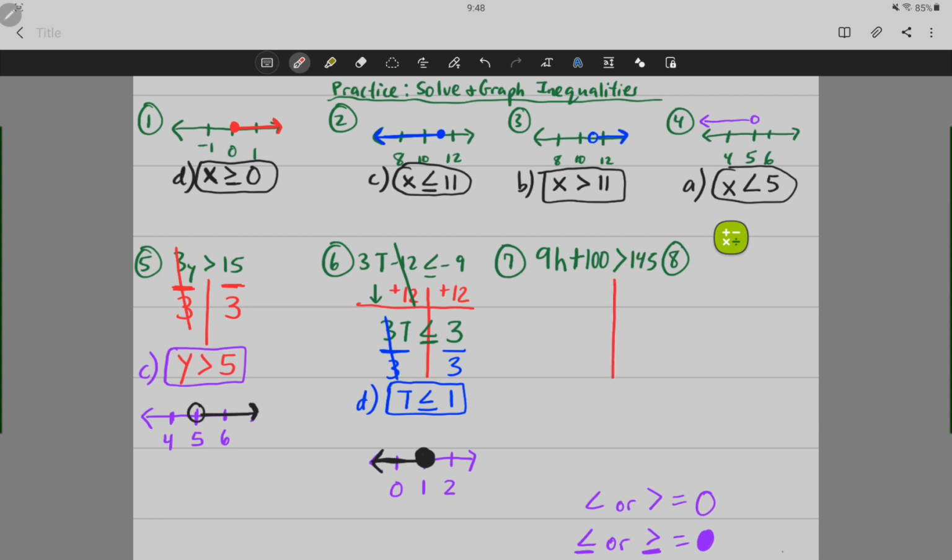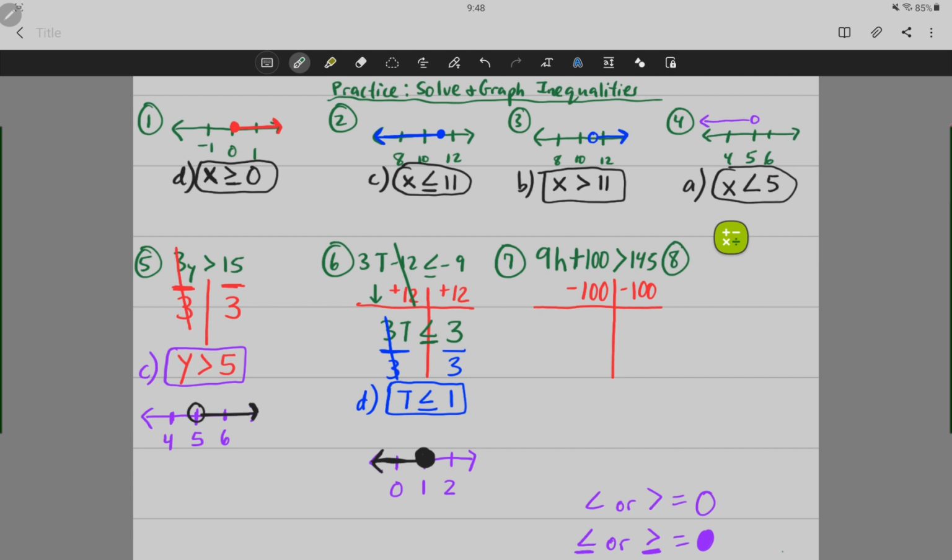Same thing. Next, we want to get the variable h by itself, but the term next to it says plus 100. So the inverse or opposite, balance the inequality, do the same thing to both sides.